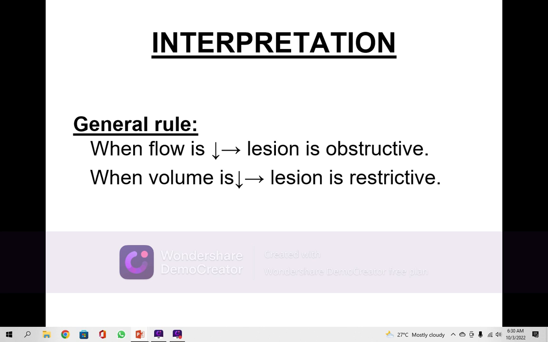The general interpretation is that when the flow is reduced, it means that the lesion is obstructive. When the volume, if you are doing volumetry, is reduced, the lesion is restrictive, as I presented in the case previously, and you can diagnose it on this basis. The lesion is probably restrictive, in which case the volume is reduced.